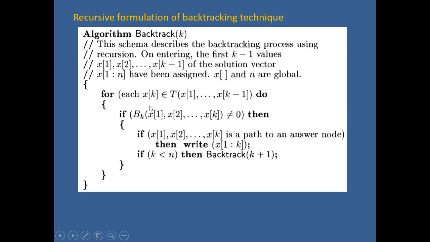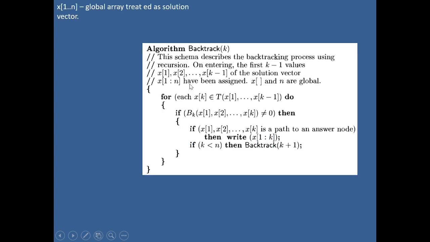To decide the kth value, we'll check with the help of the previous k minus 1 values. We'll take up one value and check the bounding function. If it is leading to the answer, you will write the answer and move the path forward to find the k plus 1th. That is the general method for backtracking.